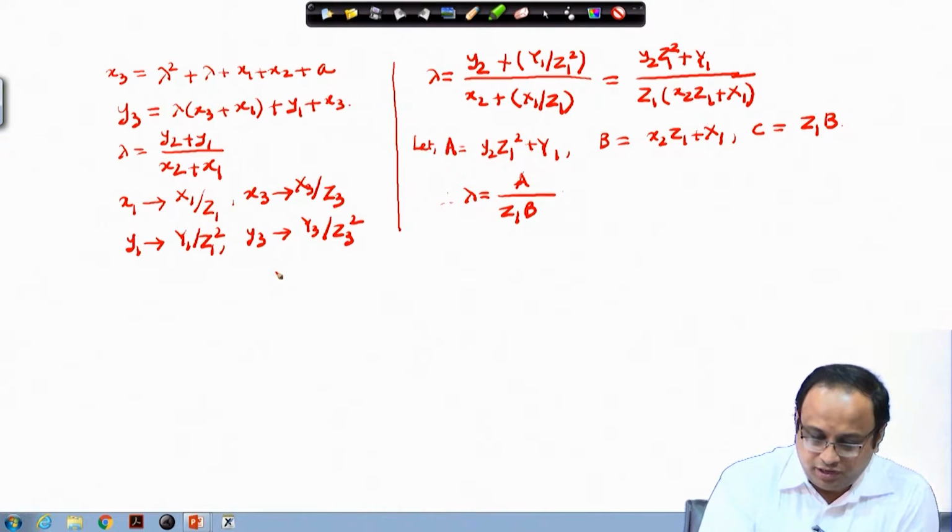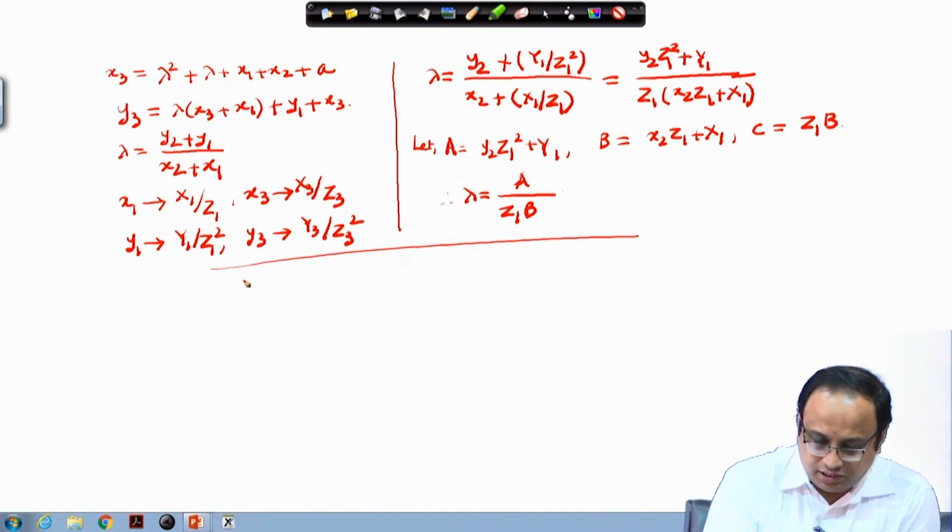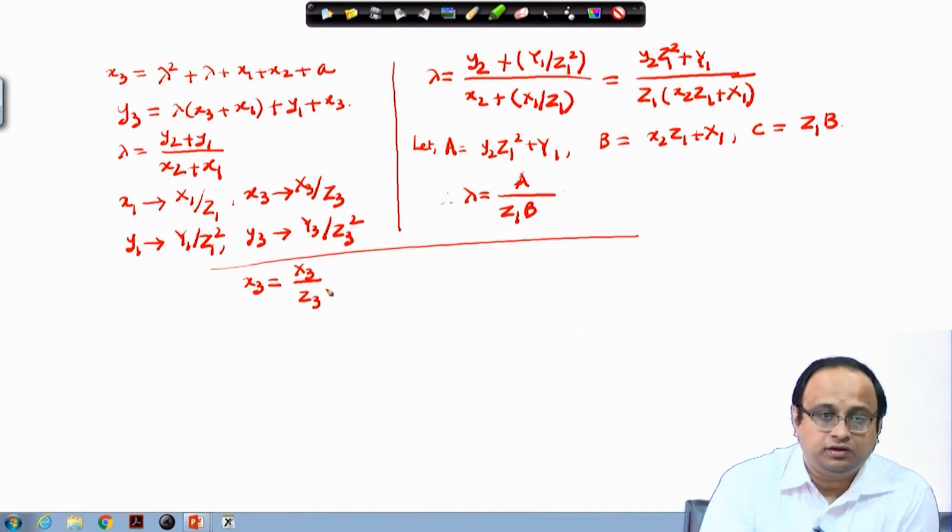Therefore, with this derivation we have small x3 equal to capital X3 divided by z3. We are trying to calculate the value of x3, but remember that x3 is equal to lambda square plus lambda plus x1 plus x2 plus a.